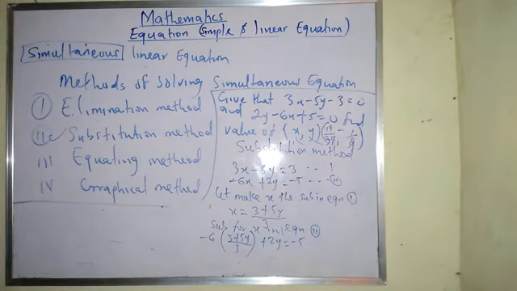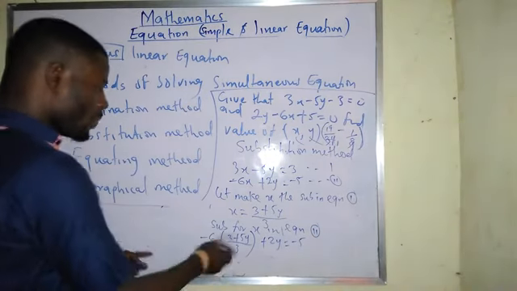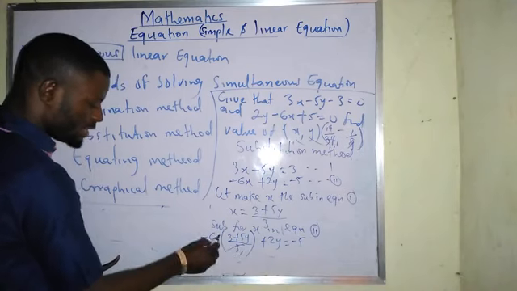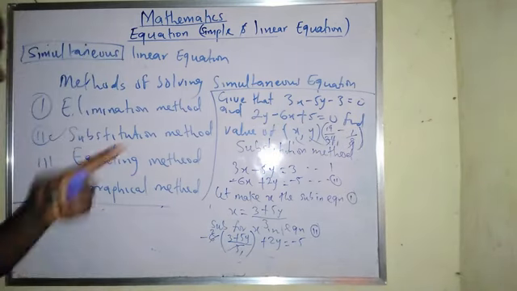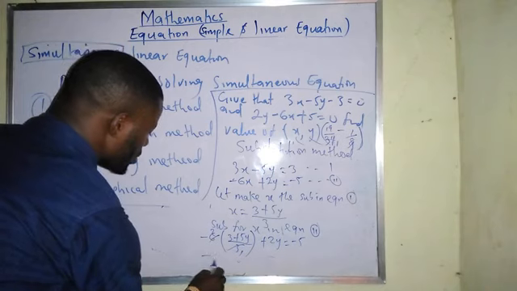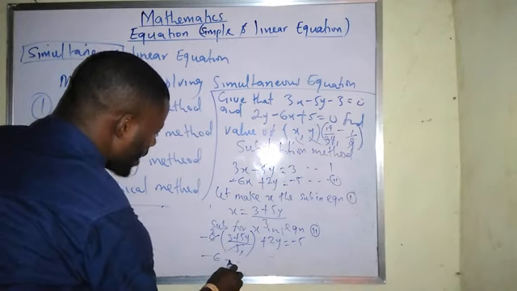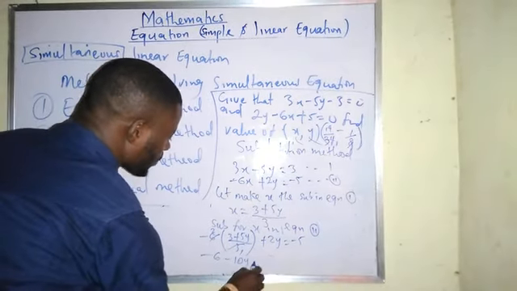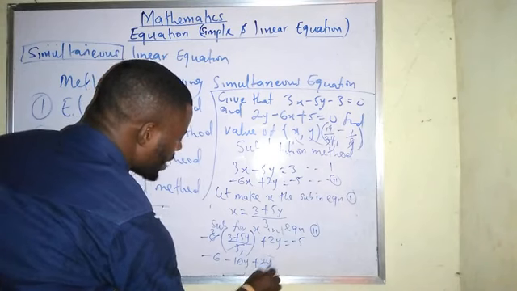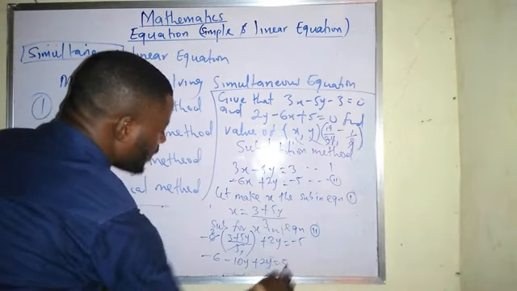Now, at this point, no more x. Now, 2 times 3, I have minus 6. I have minus 10y. I have plus 2y equals minus 5.